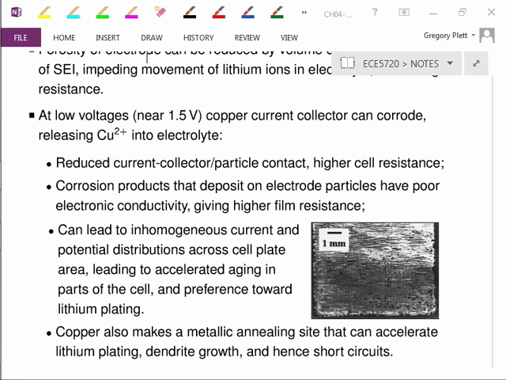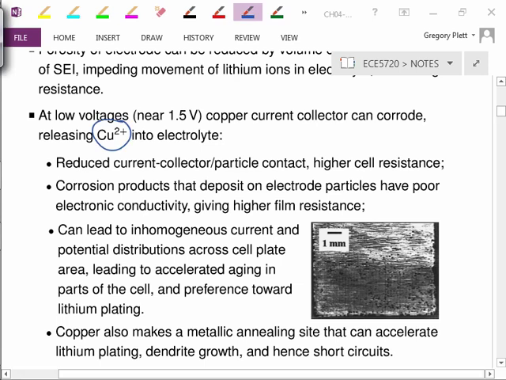Means that it reacts with its environment, it reacts with the electrolyte, and that releases Cu2+, copper ions, into the electrolyte. So there are some impacts. One of them is a reduced contact between the current collector and the particles that leads to higher resistance.